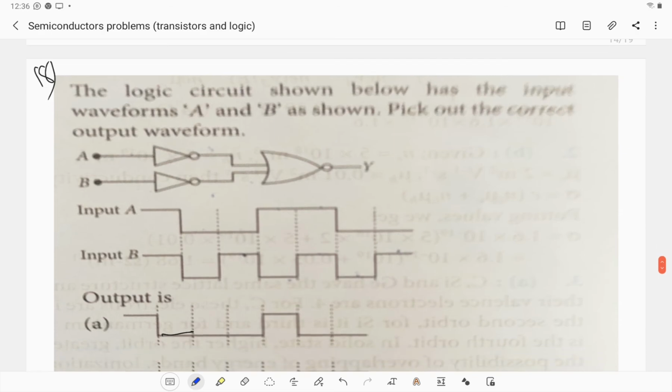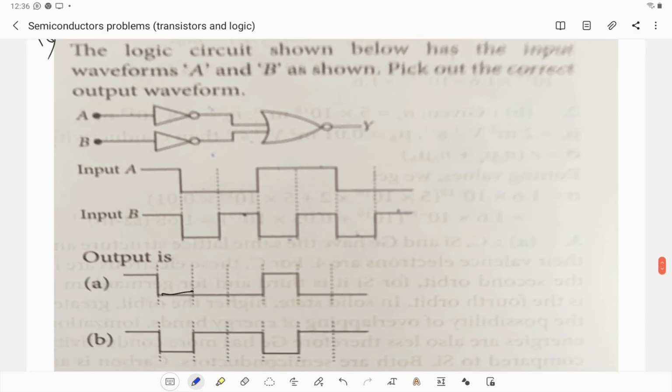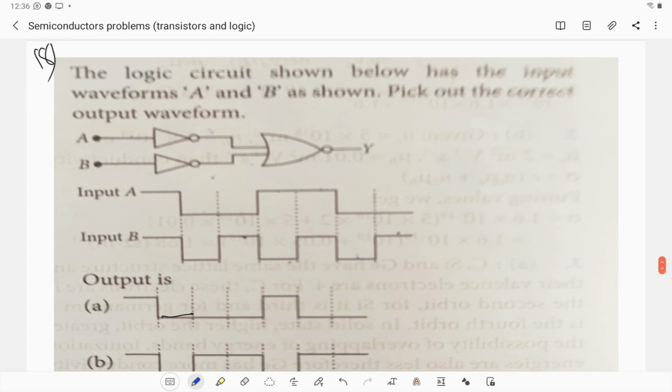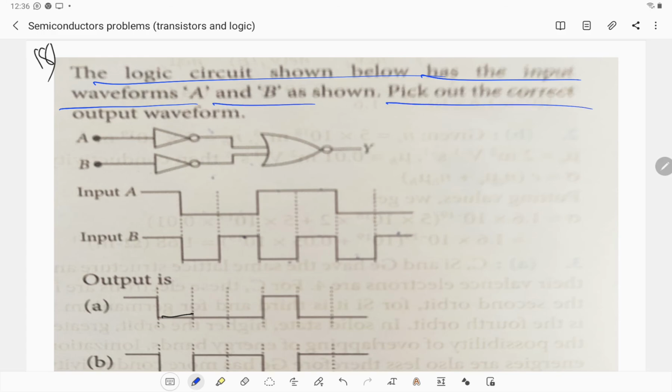Next 18. The logic circuit shown below has the input waveforms A and B as shown. Pick out the correct output waveform. See here, input A, this is high value, this is also high value, 1, 1.